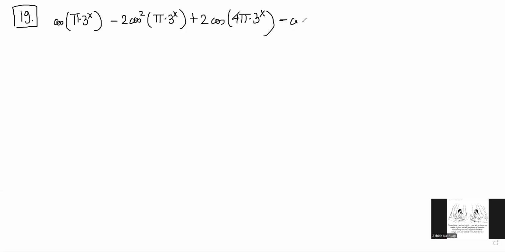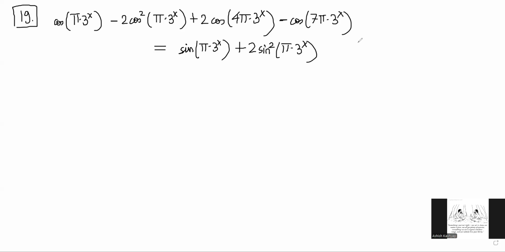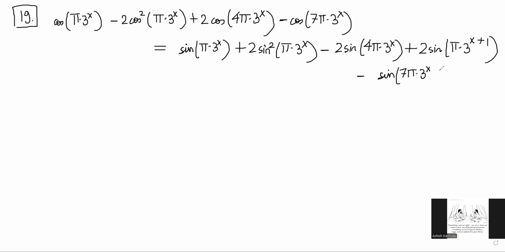The equation is cos of pi into 3 power x minus 2 cos square pi into 3 power x plus 2 cos of 4 pi into 3 power x minus cos of 7 pi into 3 power x is equal to sine of pi into 3 power x plus 2 sine square pi into 3 power x minus 2 sine 4 pi into 3 power x plus 2 sine pi into 3 power x plus 1, and the last term is minus sine 7 pi into 3 power x.